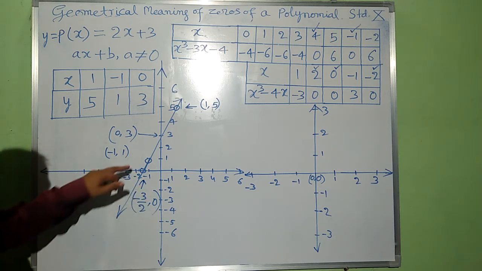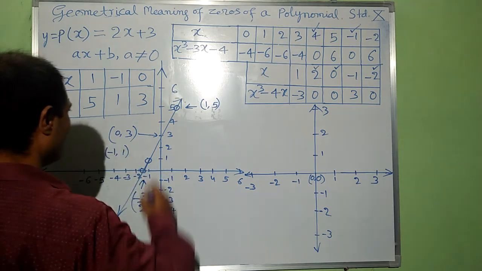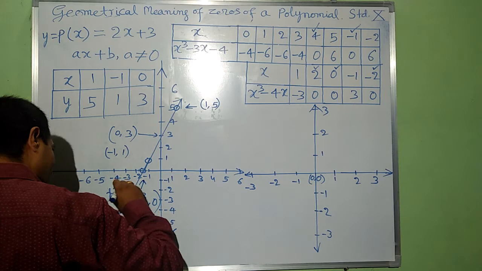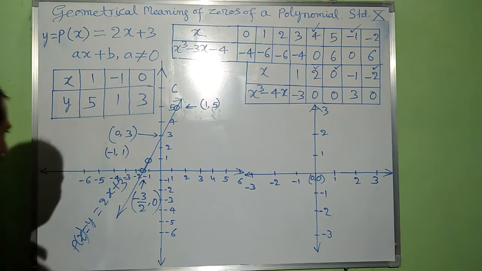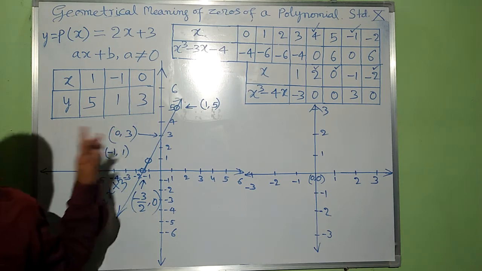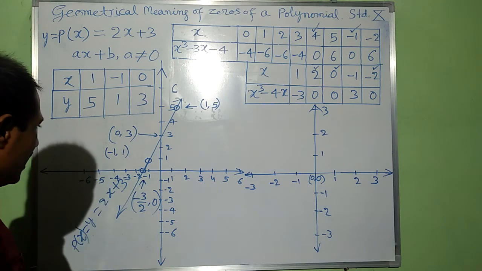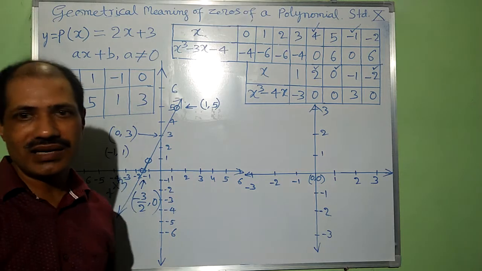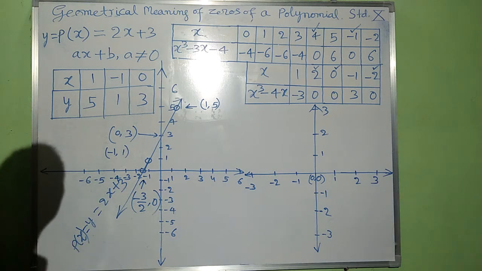There is only one distinct point on the x-axis at which this graph, y = 2x + 3, intersects. This y is p(x), a polynomial in x. So this point, minus 3 by 2, is the zero of this polynomial. As we observed here, the zero of this polynomial is minus 3 by 2, and the graph intersects the x-axis at minus 3 by 2. This is a distinct point.